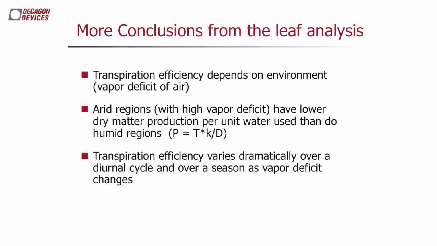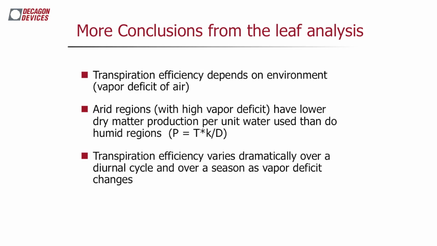Now, transpiration efficiency, of course, really depends on the environment because it's got that D term in the bottom, our vapor pressure deficit. And depending on our environment, that's going to change. Arid regions, for example, are going to have a high vapor deficit and a lower dry matter production per unit water use, meaning lower water use efficiency compared to humid regions.